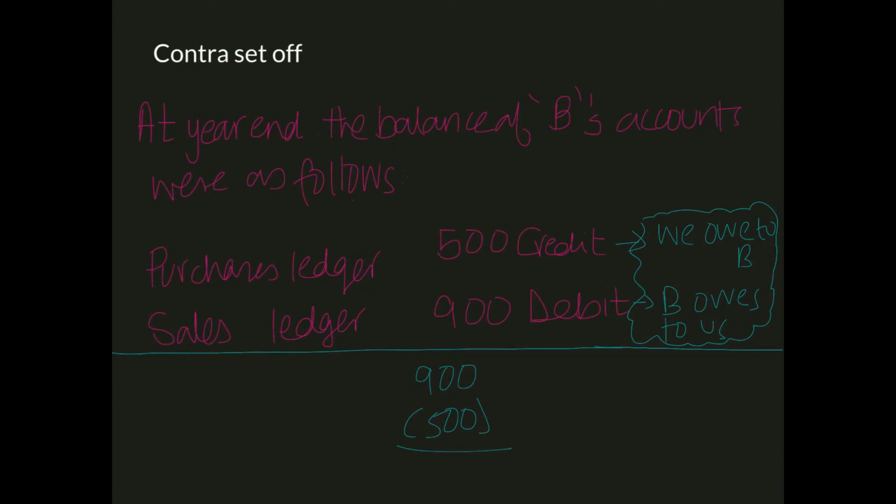Now what will be the net value that we have to either pay or receive? The 400 is the amount that we will receive from B. This is quite understandable.